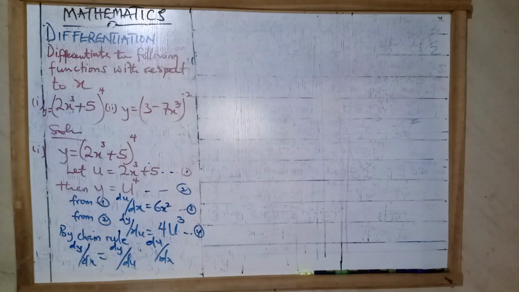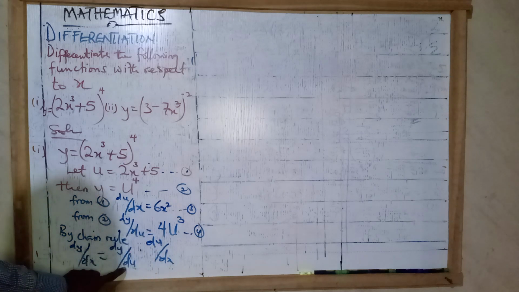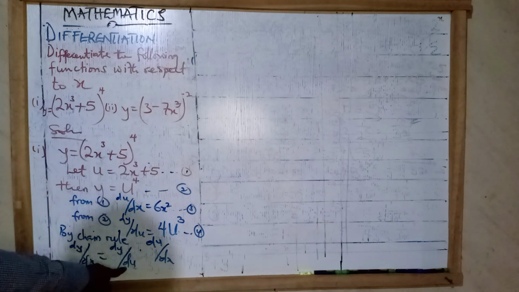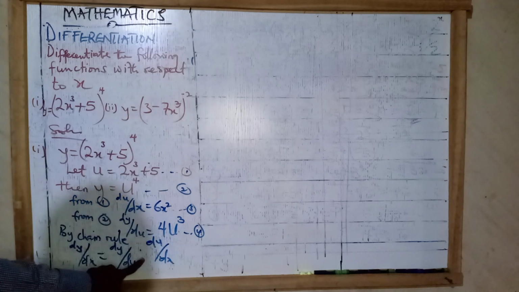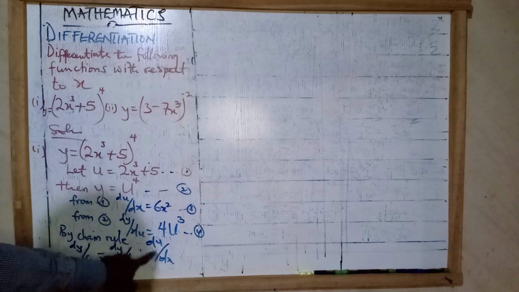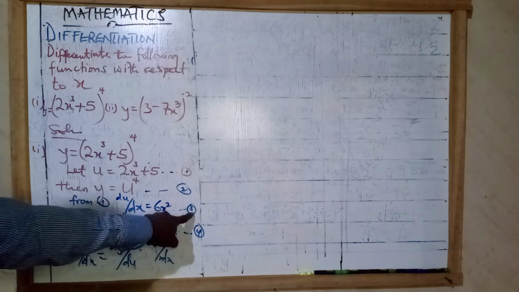That is, to find the derivative of y with respect to x simply means we multiply the derivative of y with respect to u, which we have in equation 4, with du/dx, which we have in equation 3.